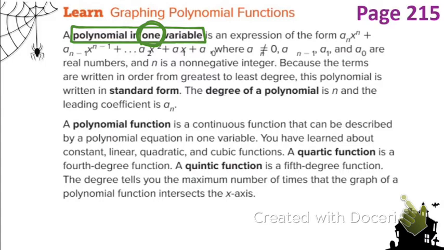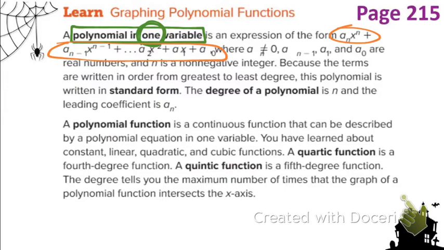This is the basic form of a polynomial function. I do not expect you guys to memorize this or even to write it down like this again. But what this is telling me is that right at the very front, this is where I should see the biggest exponent. And then every term after that, the exponent should be decreasing in size until I get to my constant, my y-intercept that has no variables at all.